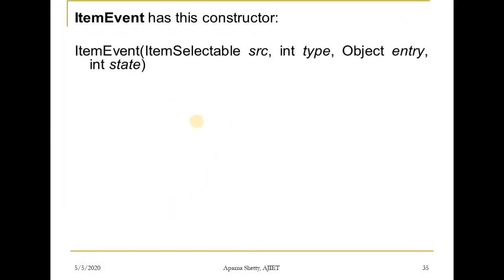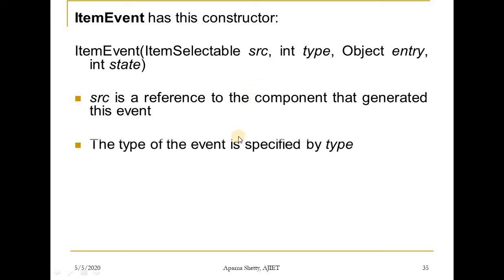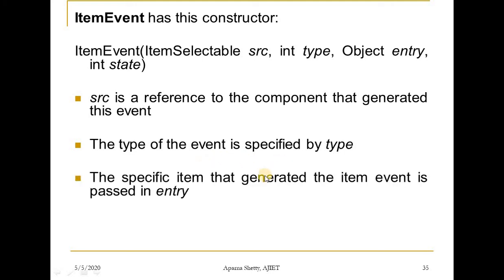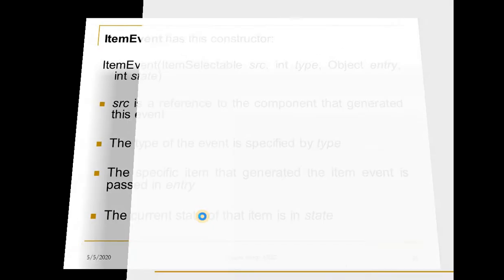And it has this constructor which takes the parameters source, type, entry, and state. Source is a reference to the component that generated this event. Type of the event is specified by type. The specific item that generated the ItemEvent is passed in entry. And finally, the current state of that item is in state.